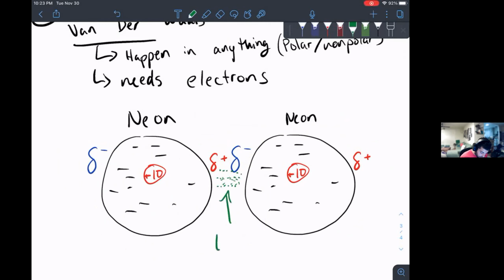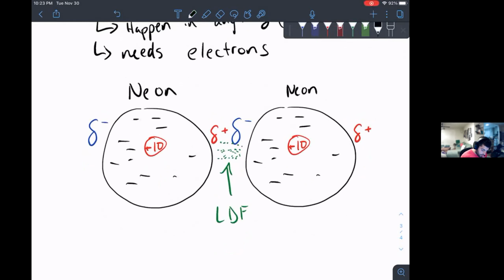And right here we have our LDFs, our London dispersion forces. And the thing about this is that the more electrons, the stronger the force.